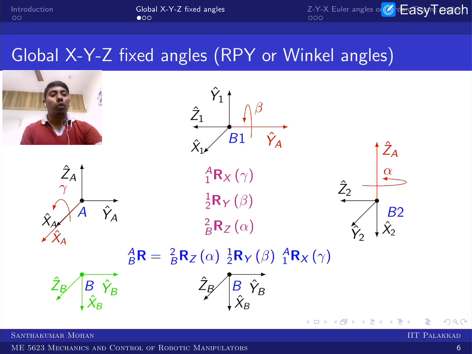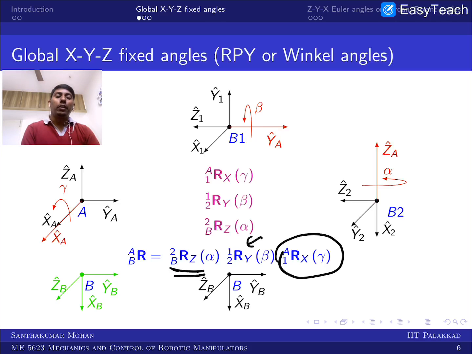So now if you want to see the rotation matrix of B with respect to A with all the transformations, you can see that first we have done this, then we have done this, and finally we have done this, right? As per what we have used here, we rotated with respect to the fixed axis or fixed frame, in the sense that we are pre-multiplying. This is what you are going to call the global XYZ composite rotation.